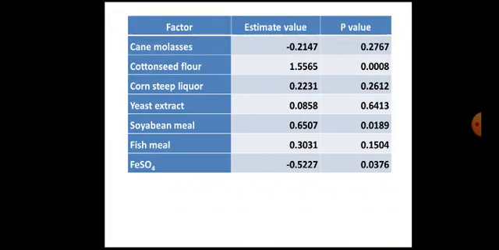This is the table that shows together the results of parameter estimate values and p values which are calculated for each factor. In the parameter estimate values column, you will see that there are some positive values and some negative values.